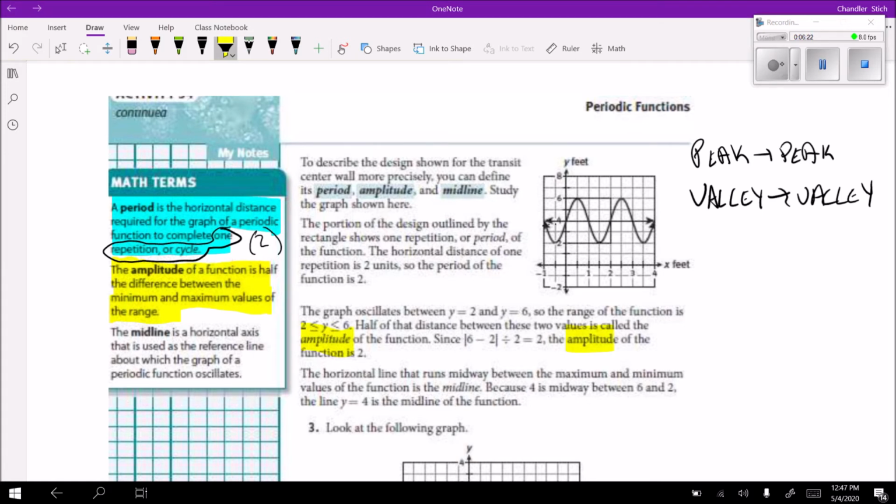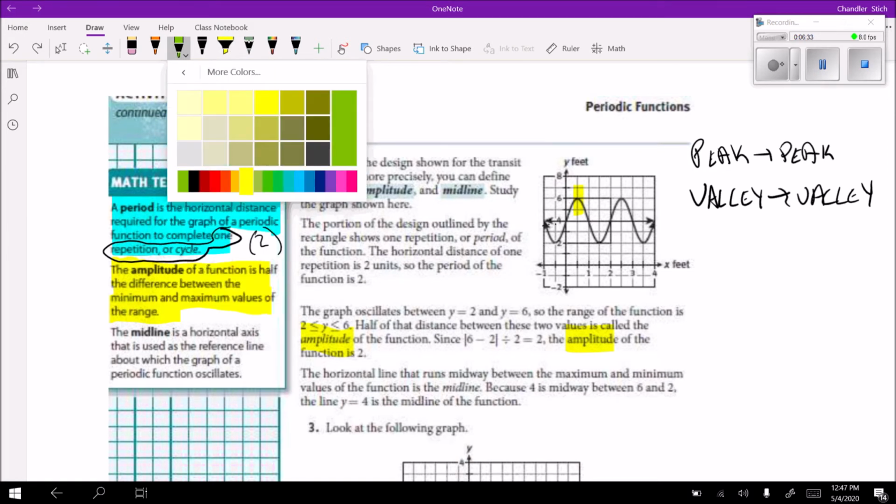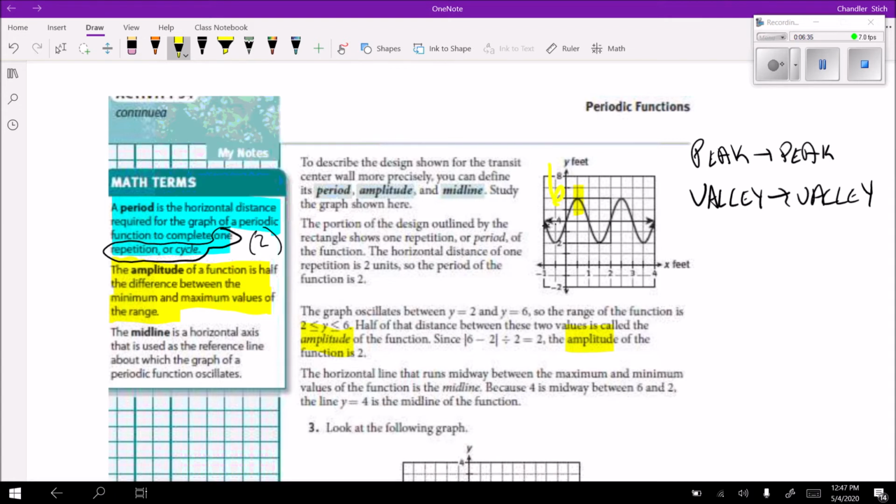All right, let's look. The highest that this goes is 6. The lowest that it goes, or the valley here, is at 2.